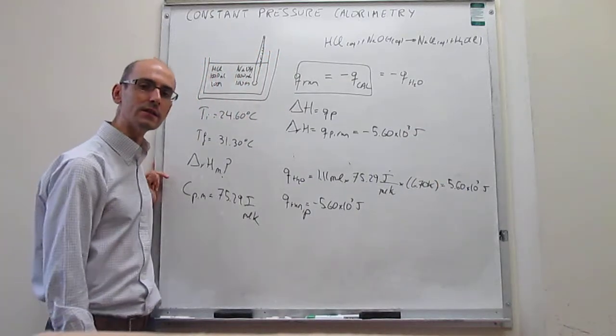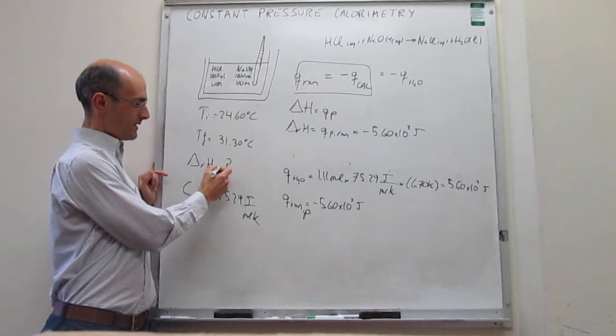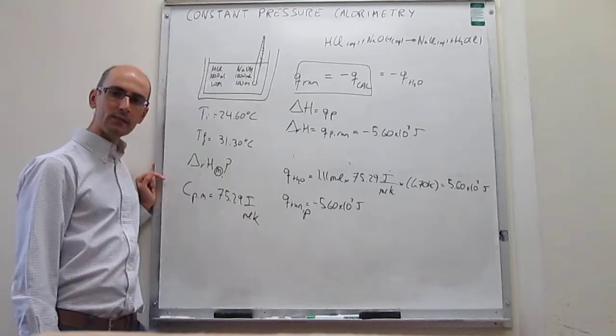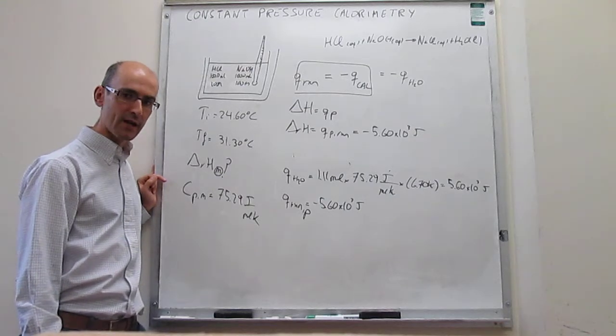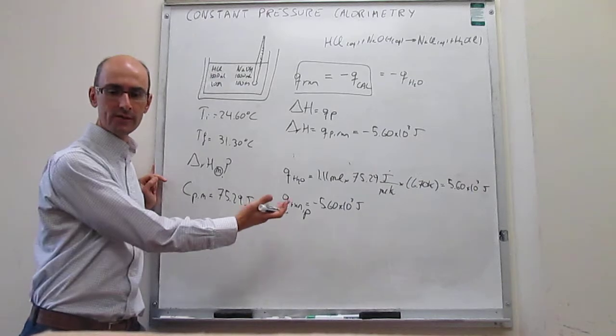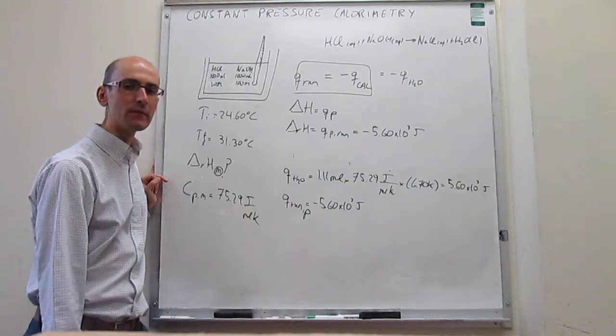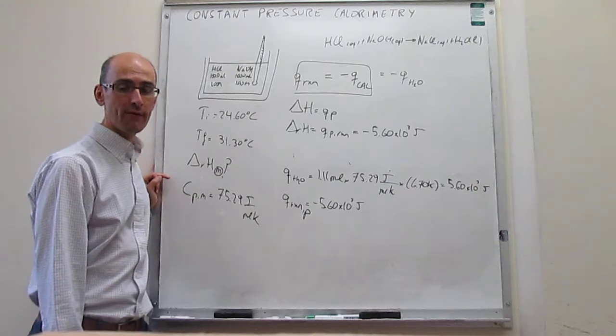We're almost done. There's just one more step left, and that is to recognize that the problem is asking me about the change in reaction enthalpy per mole of reaction. Obviously, this energy that we have calculated here, this energy as heat or this change in enthalpy, depends on how much reaction you have going on.